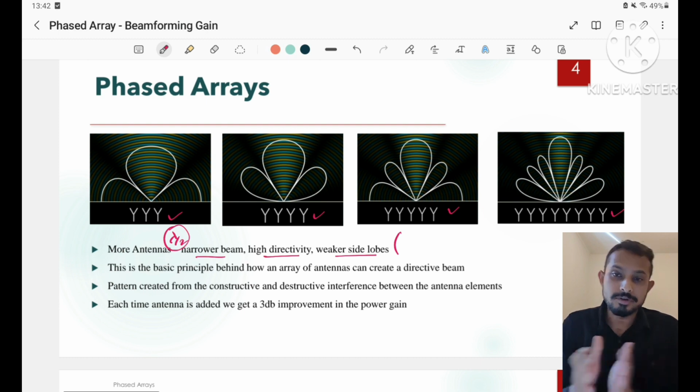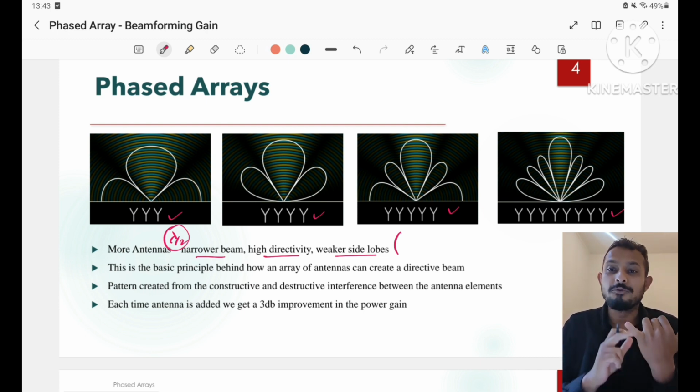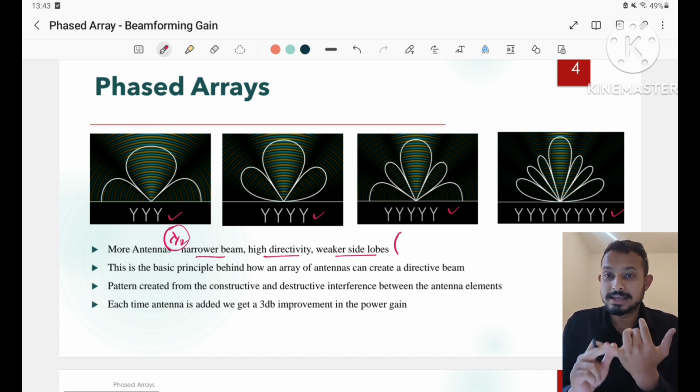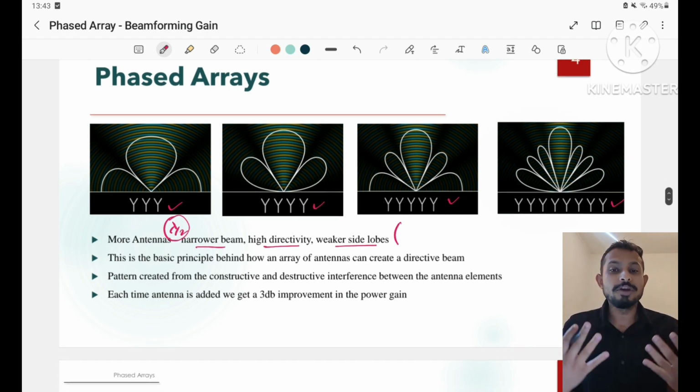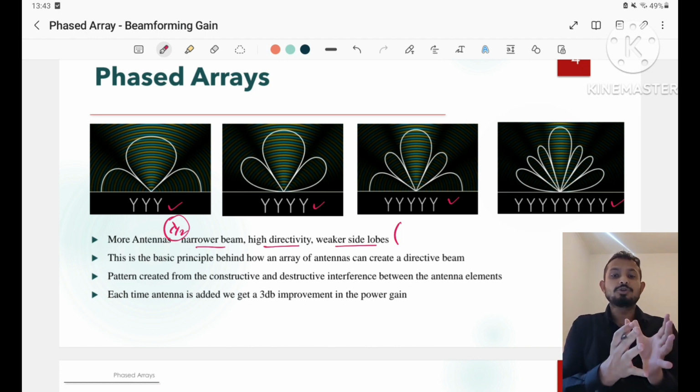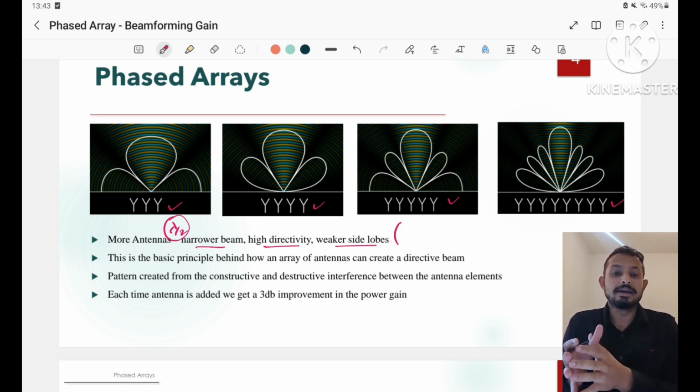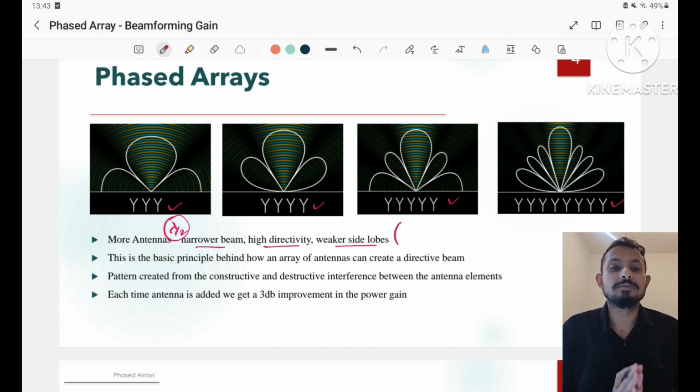As we increase the number of antennas, we get 3 benefits. First, we get a much narrower beam. Second, we get a highly directive center beam, and third, we get weaker side lobes. So what we have done is align the isotropic antennas in a linear array, and the interference between them results in a directive center beam.